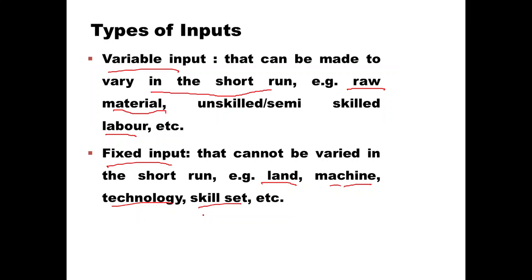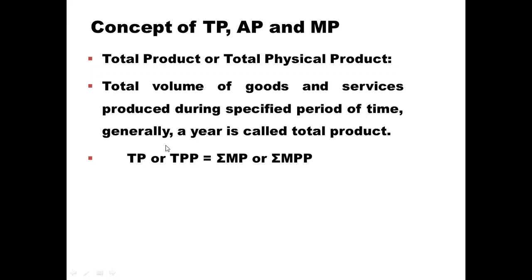In the short period it cannot be changed. So this way the inputs are classified into two types. Now, dear students, I hope you have understood what is production, what is production function, and the different types of inputs: fixed input, variable input, and the short run period and long run period.